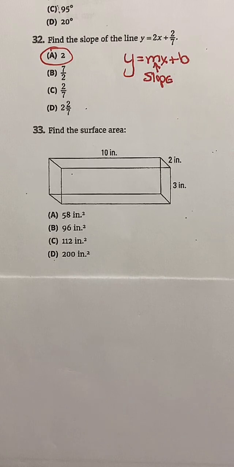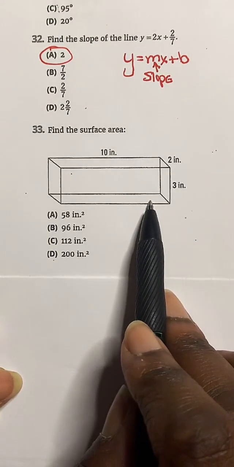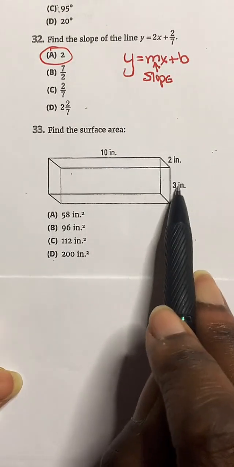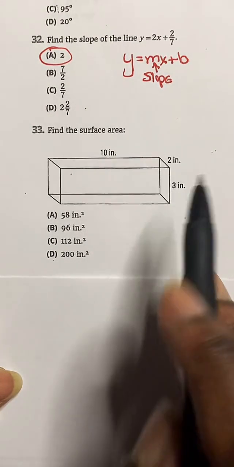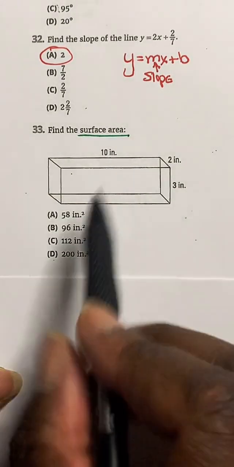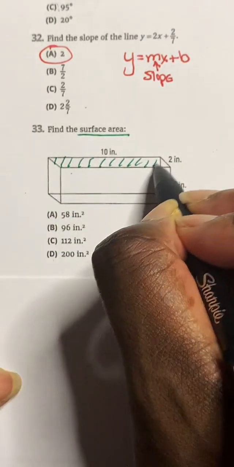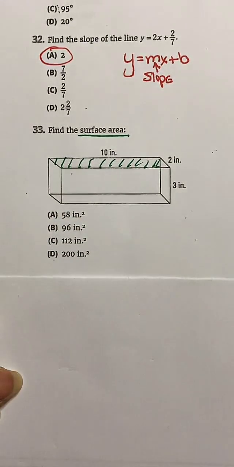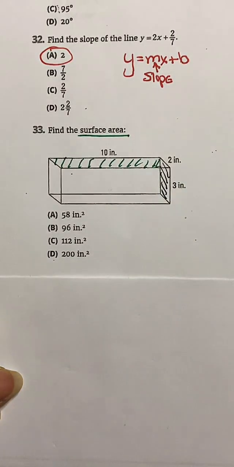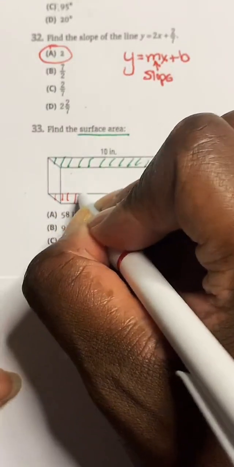Now, if you see something like this and they say volume, you would just simply multiply all three. Okay, if it said volume. But it's saying surface area. So that means I need to take the area of this part, the area of this part, and the area of this part.